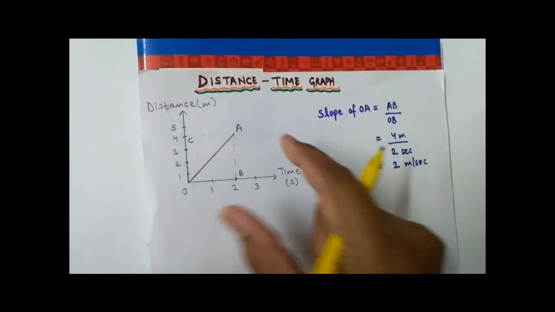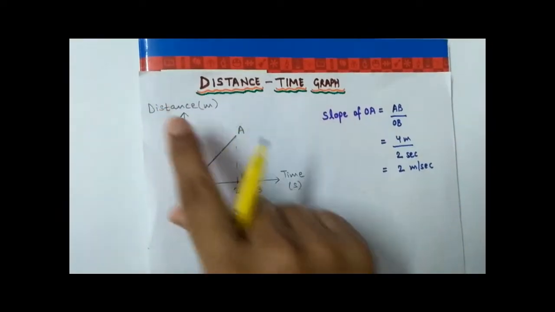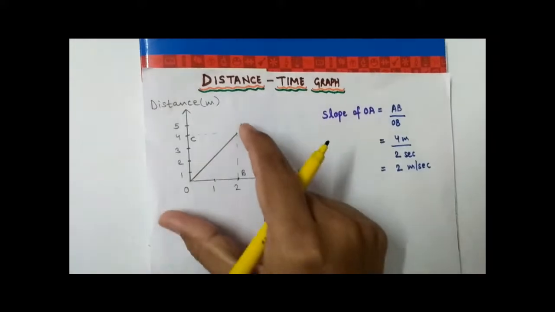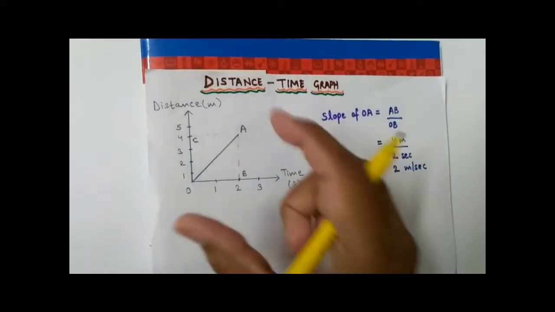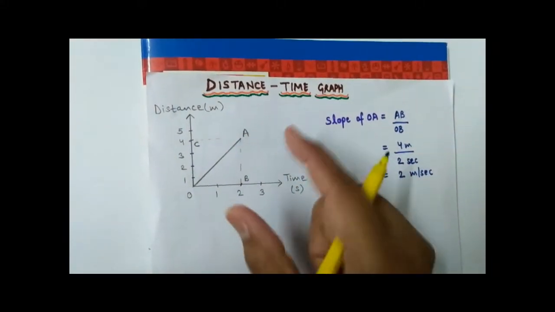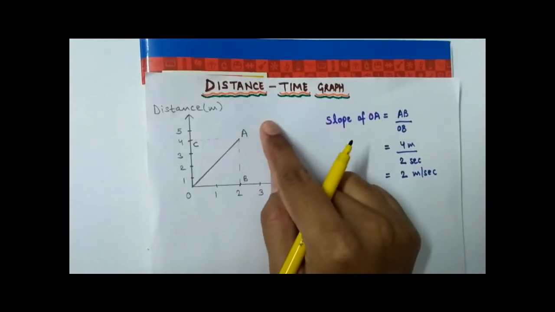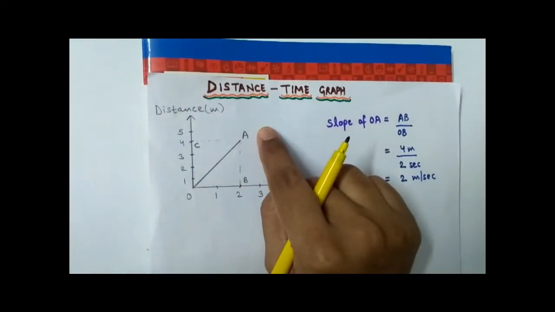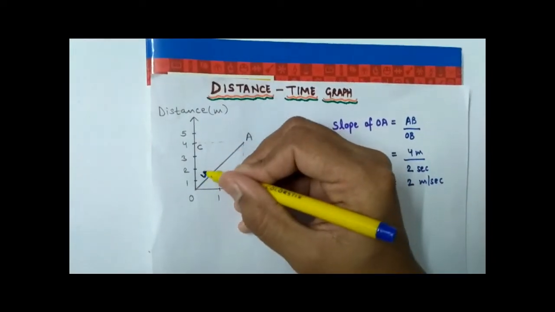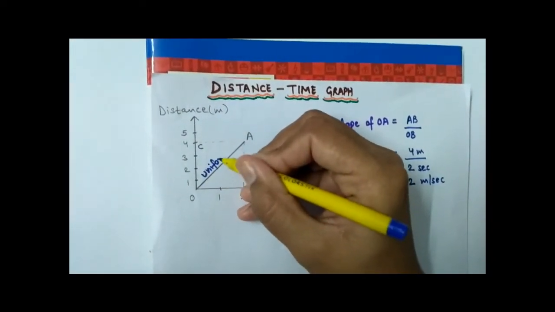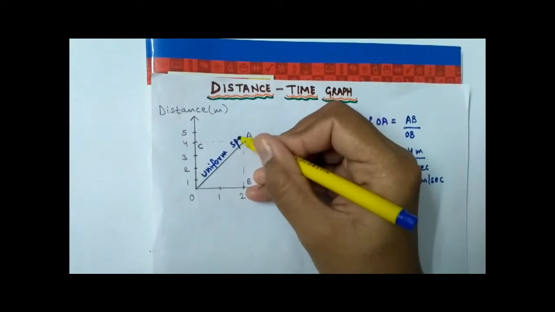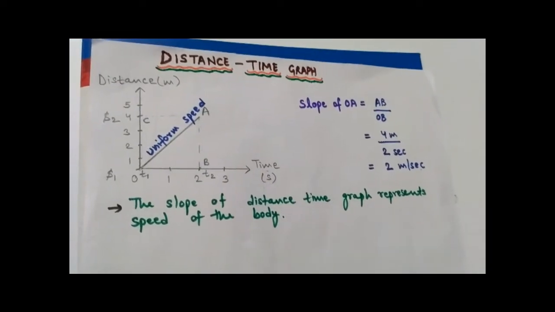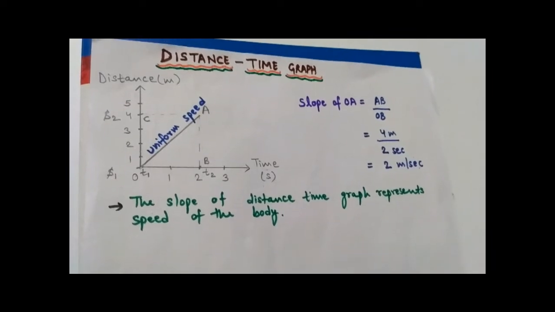That means the slope in the distance time graph also represents the speed of the body, and here we know that the body is moving with a uniform speed, isn't it? So this OA will represent my uniform speed. Okay. The slope of the distance time graph represents the speed of the body.